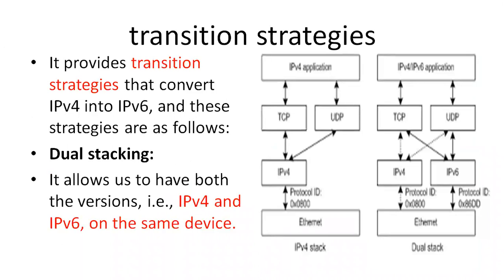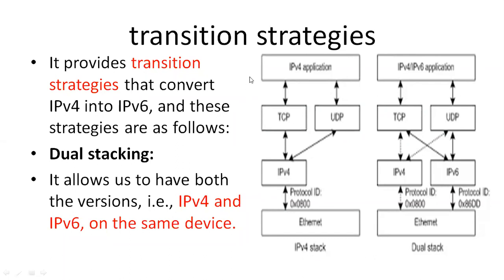Coming to dual stacking. The left side diagram shows the IP version 4 stack: Ethernet in the link layer, IP version 4 in the internet layer, and TCP and UDP in the transport layer.